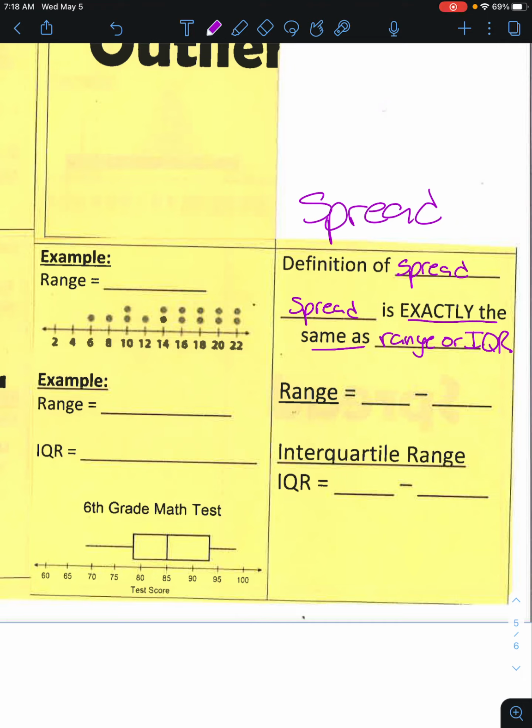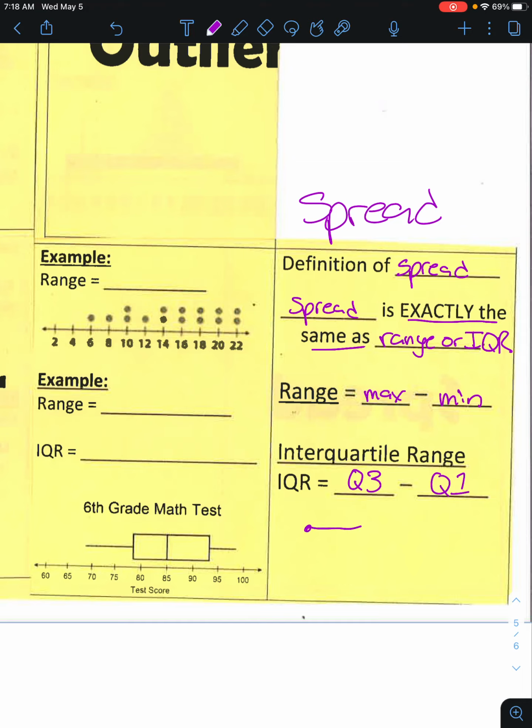Just a little reminder, the range is found by taking the maximum number and subtracting the minimum. And the interquartile range is taking your third quartile, or Q3, and subtracting your first quartile, which is Q1.